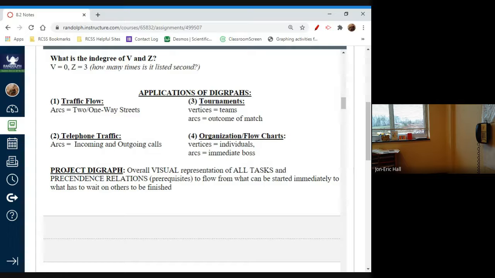People would do a digraph to represent that. Tournaments. Vertices would be the teams, the arcs, the outcome of the match. Some of you have seen that before, right? You've seen a tournament list, and generally when you see a tournament, it's the same bracket every time. But that represents, right, a diagram. It's nice and neat, and everybody's seen it before.